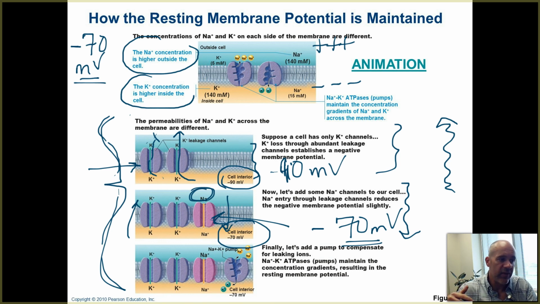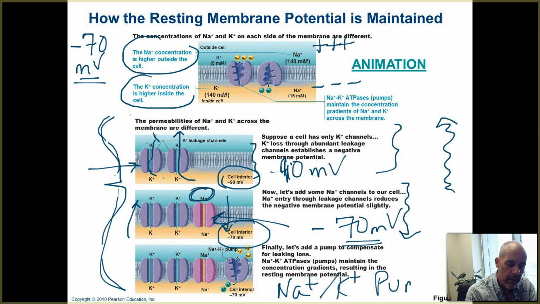Now, if you let just those leak channels themselves continue letting potassium out and sodium in, eventually the voltage is going to get screwed up. You just can't let things leak like that all the time without compensating for it. And so that's where you have another type of protein that's very important. It's called the sodium potassium pump.